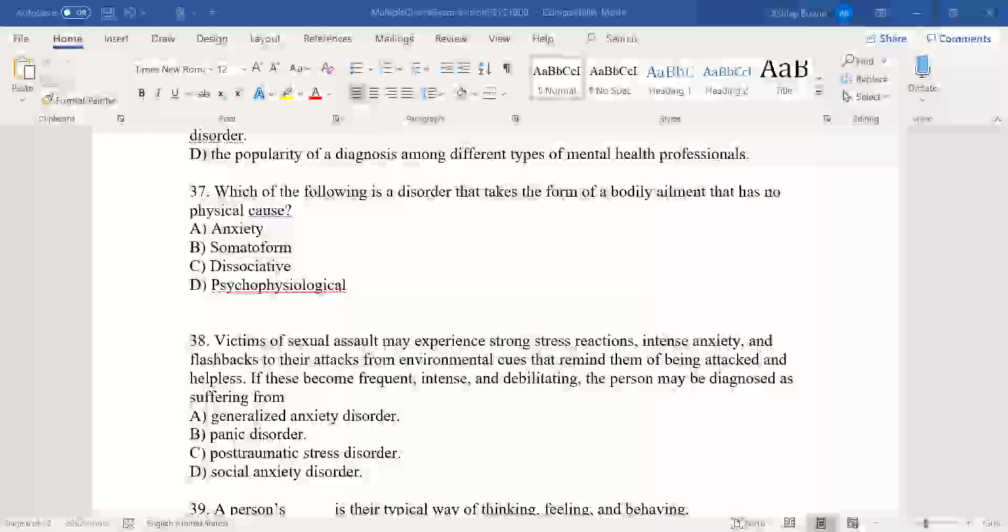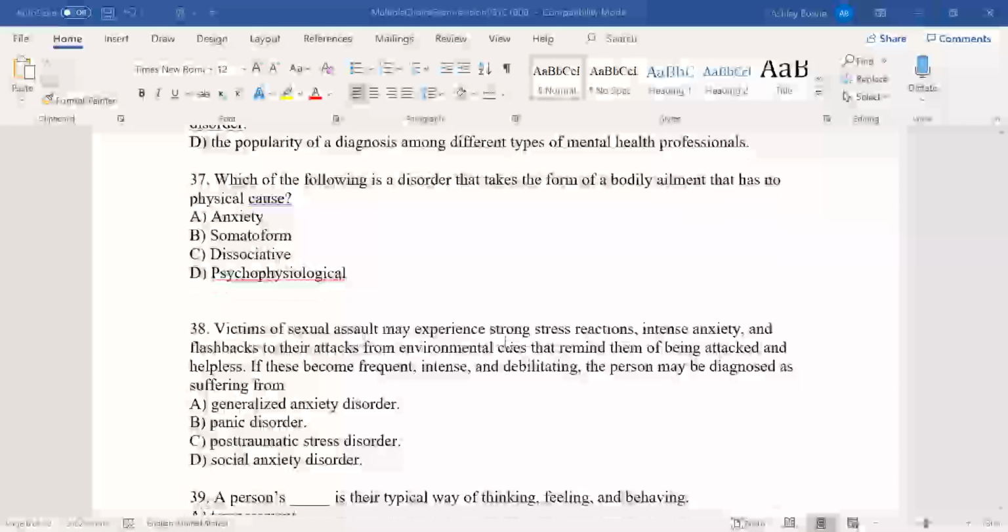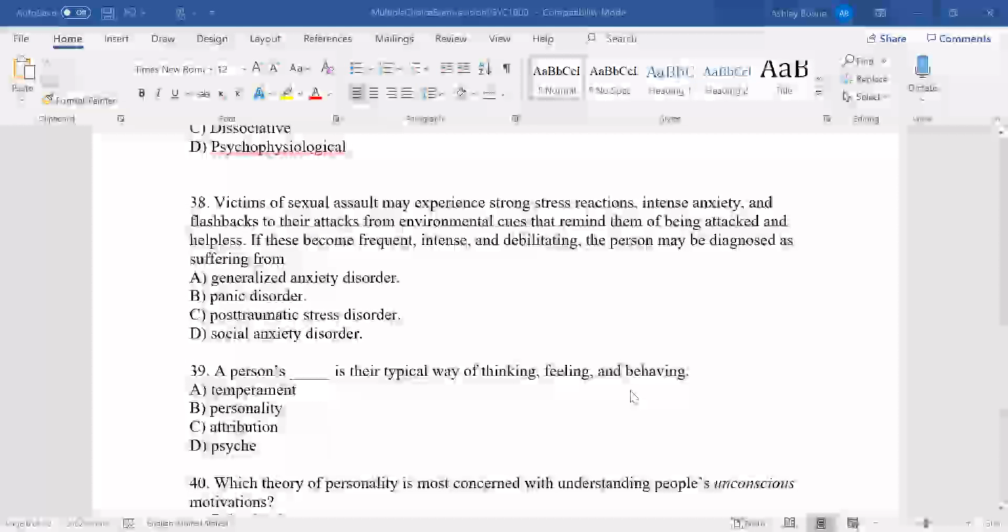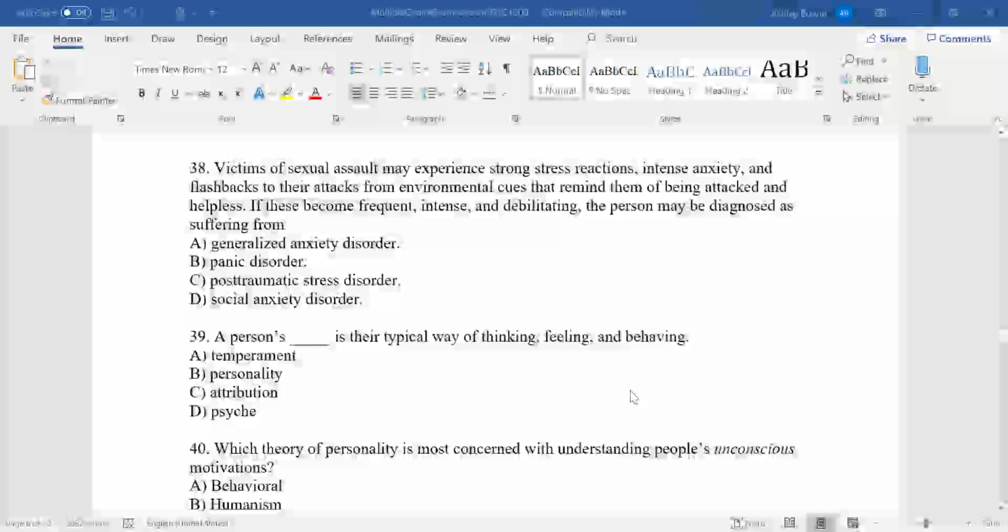Right. And there are also the other criteria. You mentioned it's statistically rare. Also, the individual should be experiencing subjective distress. So mental illnesses produce emotional pain for individuals.